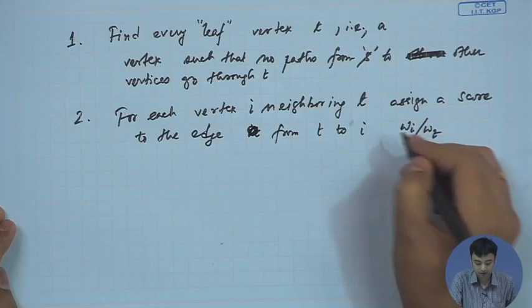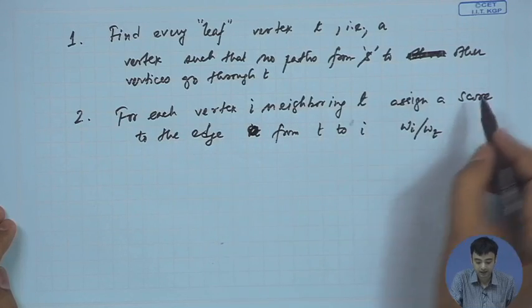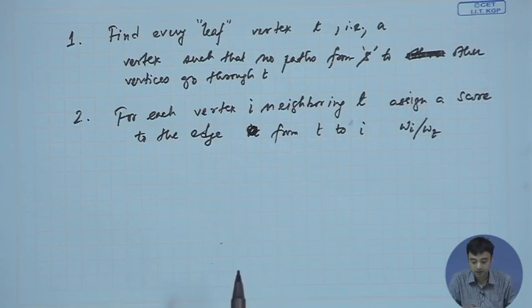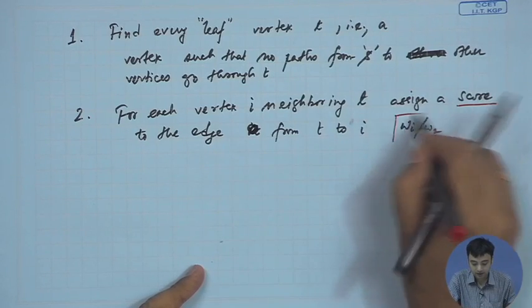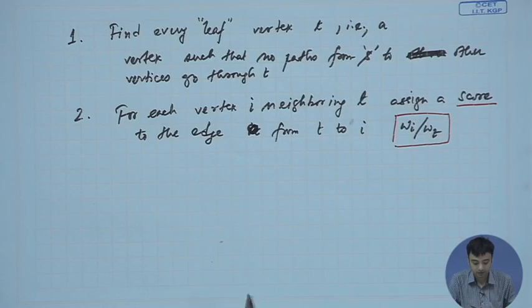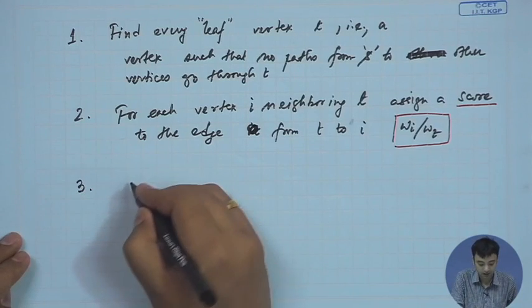So, this is the weight you assign for each vertex I neighboring T. Using this score we will calculate the edge betweenness. You assign a score of Wi by Wt. Now you have to work upwards, as we did in the earlier case.